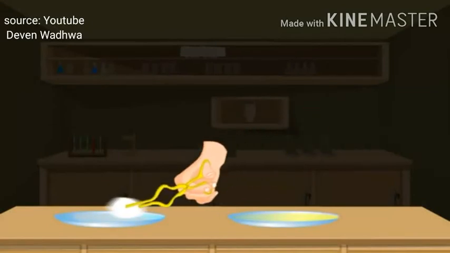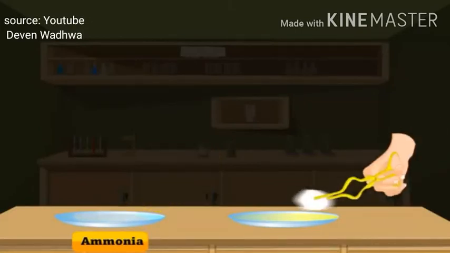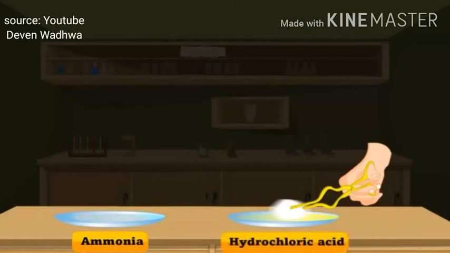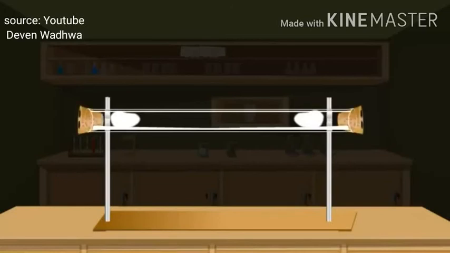Let us proceed. Soak a piece of cotton wool in ammonia solution, and this provides ammonia gas. Also, soak a piece of cotton wool in hydrochloric acid solution. This provides hydrogen chloride gas. Now plug these two cotton wools in two ends of a hollow glass tube. Cork both the ends, and you will notice that in less than a minute, a white ring begins to form.